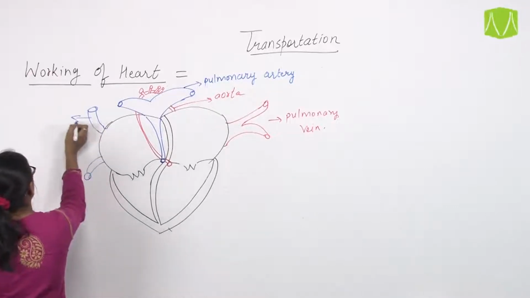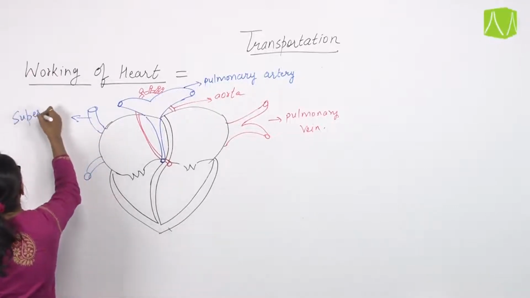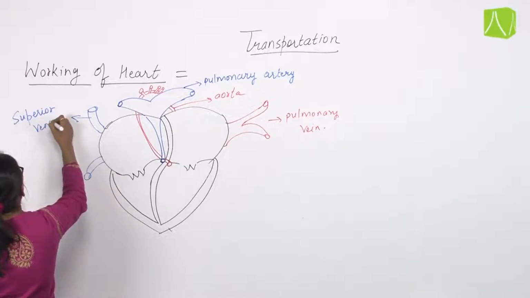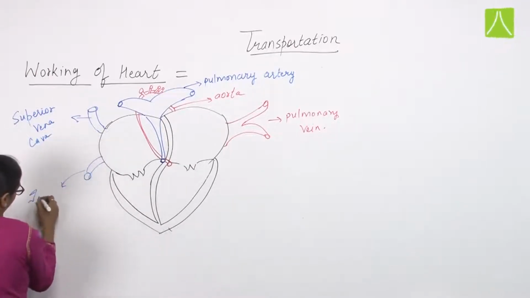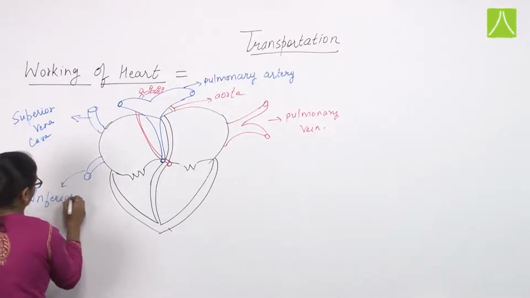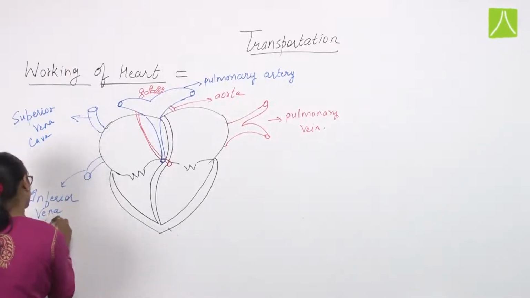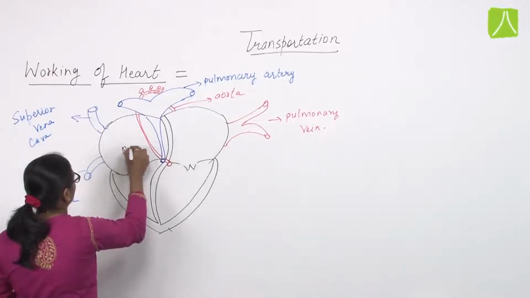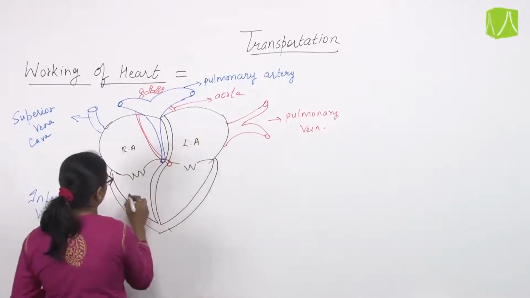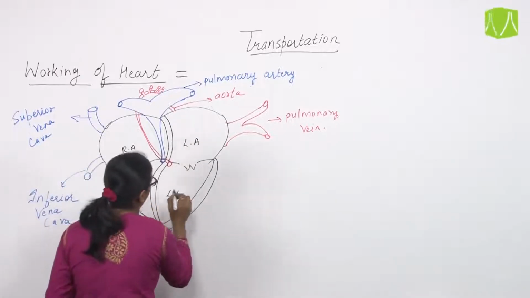This is the superior vena cava, the inferior vena cava, and this is our right auricle, left auricle, right ventricle, left ventricle.